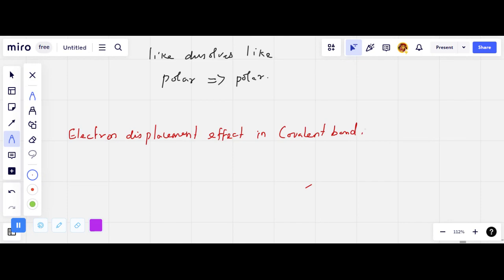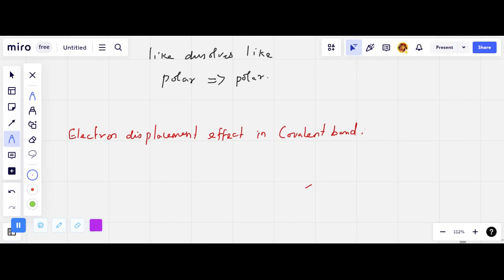That is electron movement. So now we are going to see how the electron movement works. That is the electron displacement or electron movement effect in covalent bond.